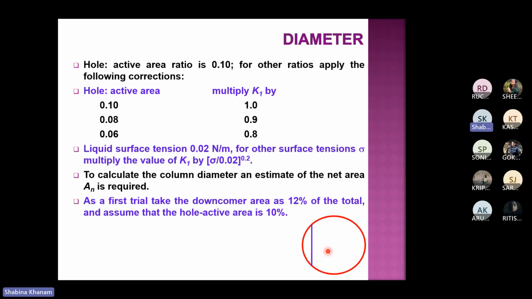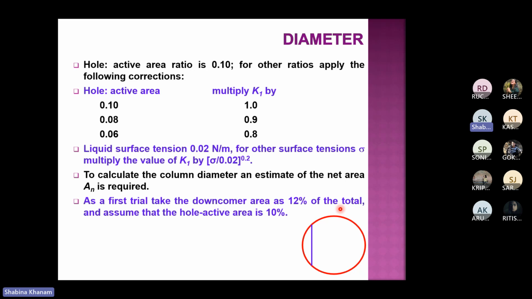So you already have calculated the net area, which you can divide by 0.88, and it will give you the column area. Once you know the column area, you can find out the column diameter. That is not the issue.